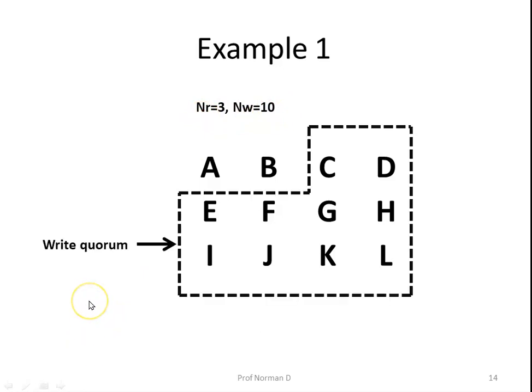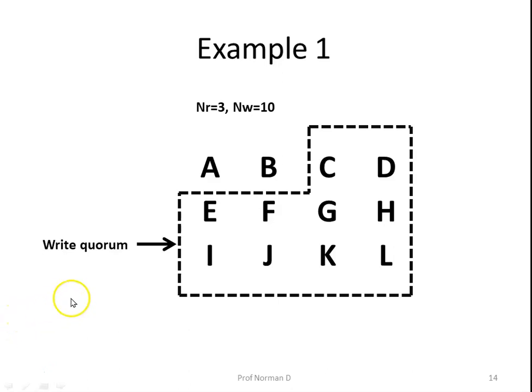Imagine that the most recent write quorum consisted of these 10 servers. That means the update was done on these 10 servers from C to L, that is C, D, E, F, G, H, I, J, K and L. So all of these would get the new version and the new version number.